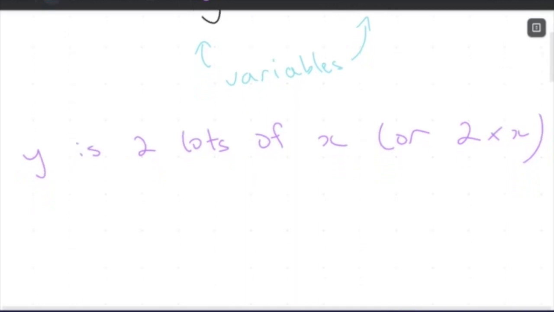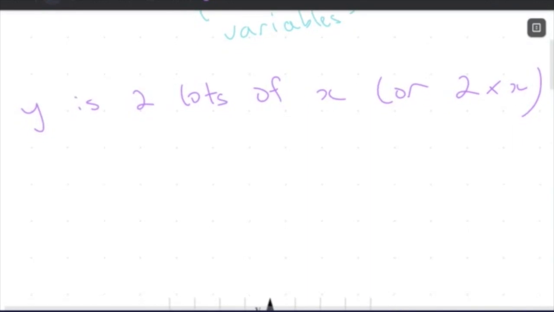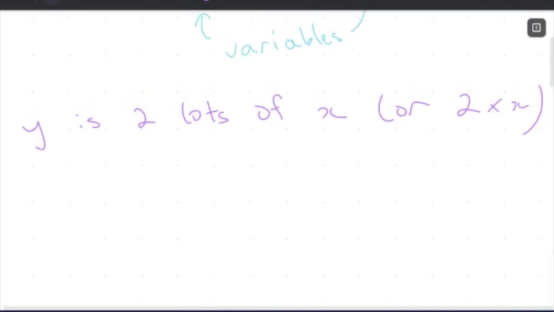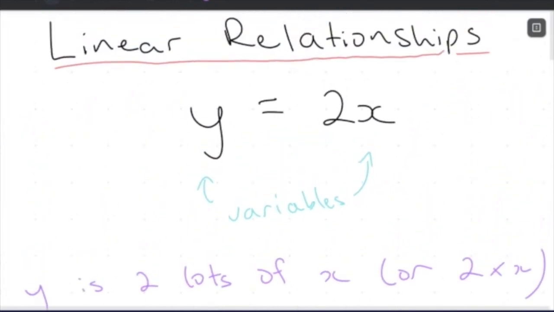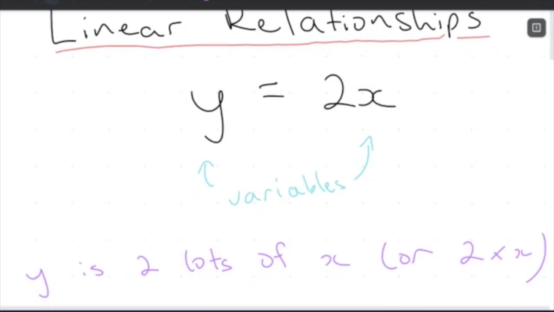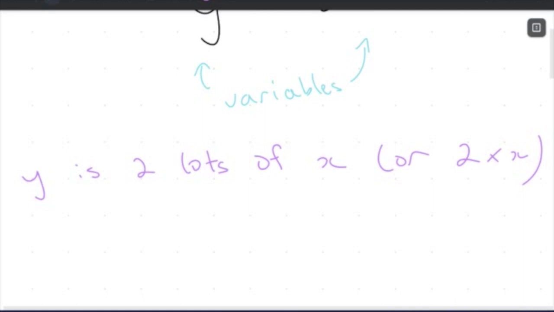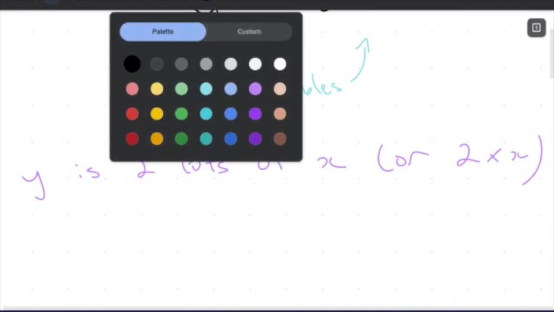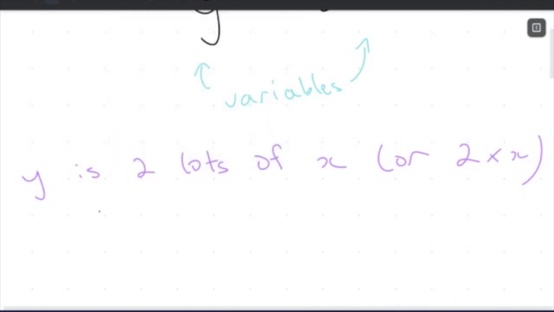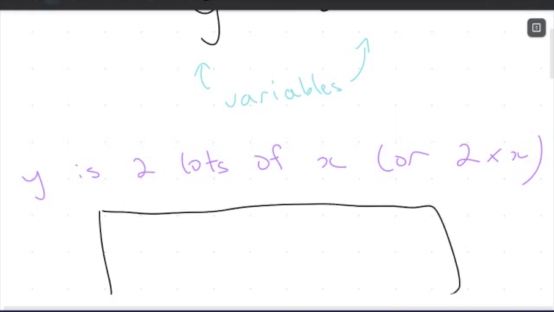So what we're going to do first is take these ideas and this y and x relationship, and draw up what we call a table of values. This gives us a nice, succinct way of showing how one changes with the other.